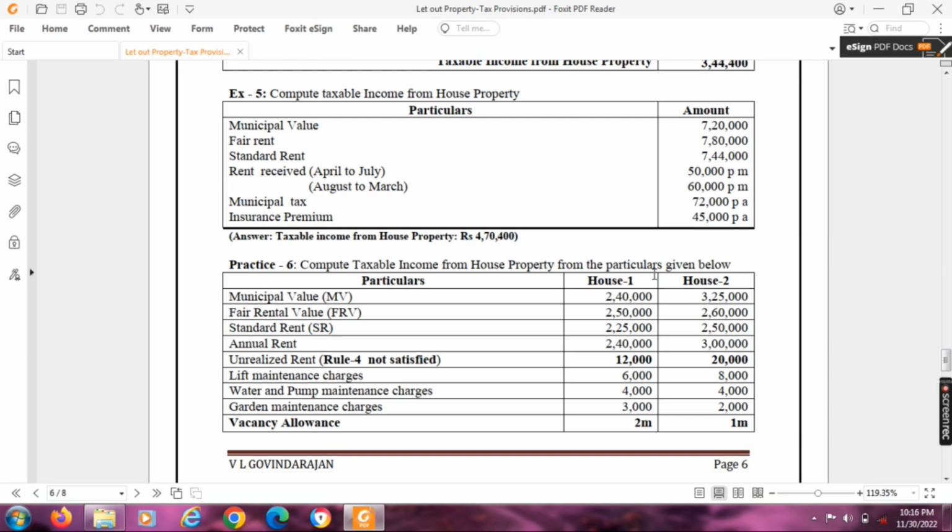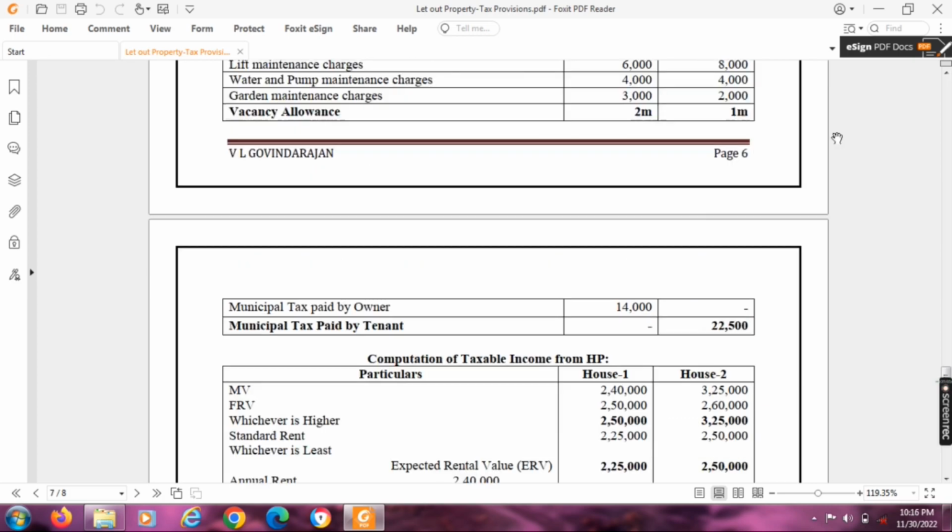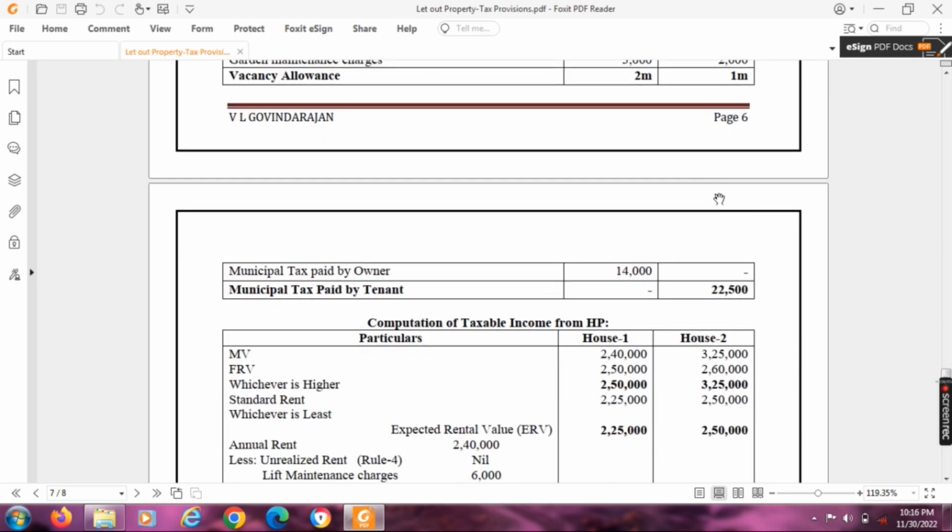But the lift maintenance charges, water and pump and garden maintenance, we can deduct from the annual rent. Vacancy allowance is also given in this problem. And municipal tax paid by owner is permitted to deduct, and the municipal tax paid by tenant is not permitted. So please check this answer, how we prepare the computation of taxable income from house property.